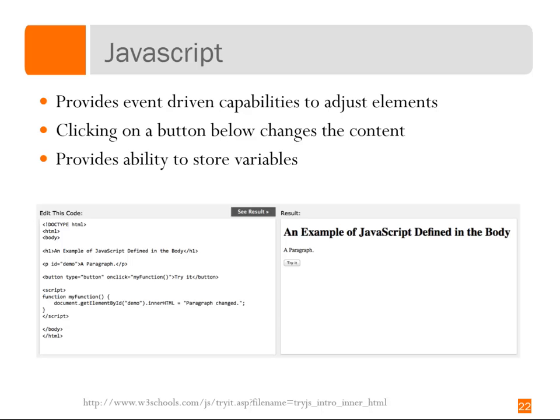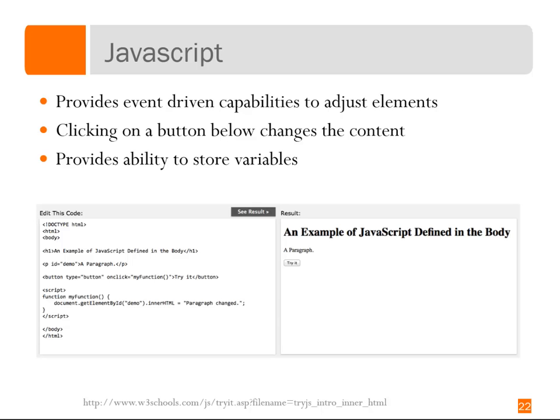The event is clicking on the button, and then the elements that are appropriate are adjusted from clicking on that button. And what JavaScript also does is it provides us with the ability to store variables that we'd like to use. And so what we've provided here is a small code snippet of JavaScript. It starts out there at the top. We define its HTML. This is the body section.